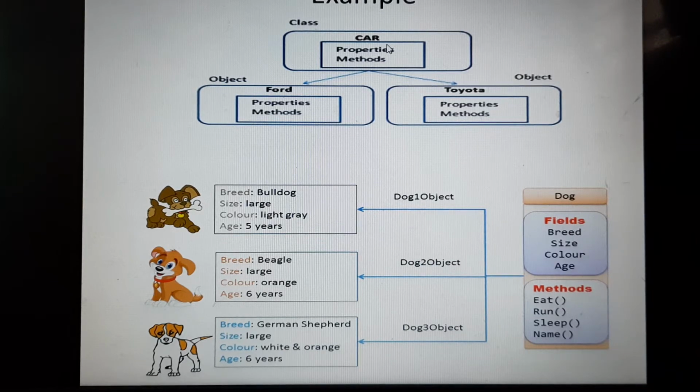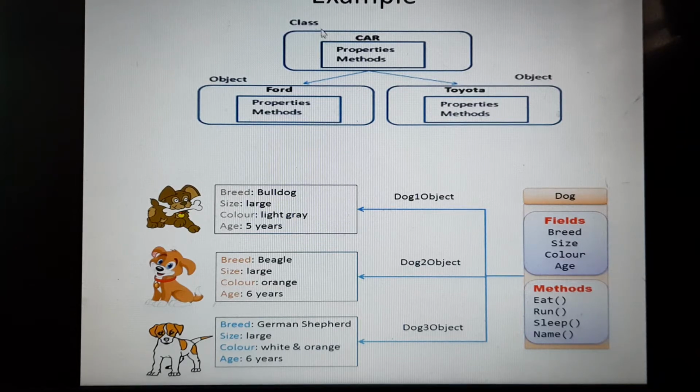Whenever we create some objects from this class, suppose one car name is Ford and another car name is Toyota, Ford has the same properties and methods which are already defined in class car. Similarly, Toyota is another object which has the same properties and methods which are already defined in class car. So this is one example of a class and its objects.